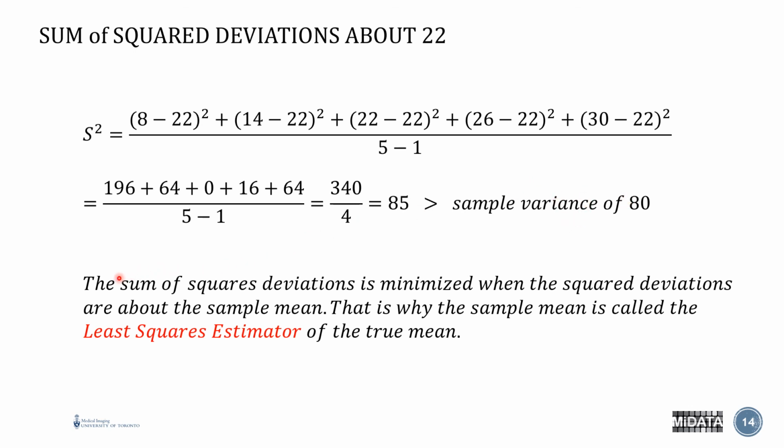And so the sum of squares deviations is minimized when the square deviations are about the sample mean. And it's for this reason that we call the sample mean the least squares estimator. And this will come in handy when we start talking about regression. More on that in future lectures.